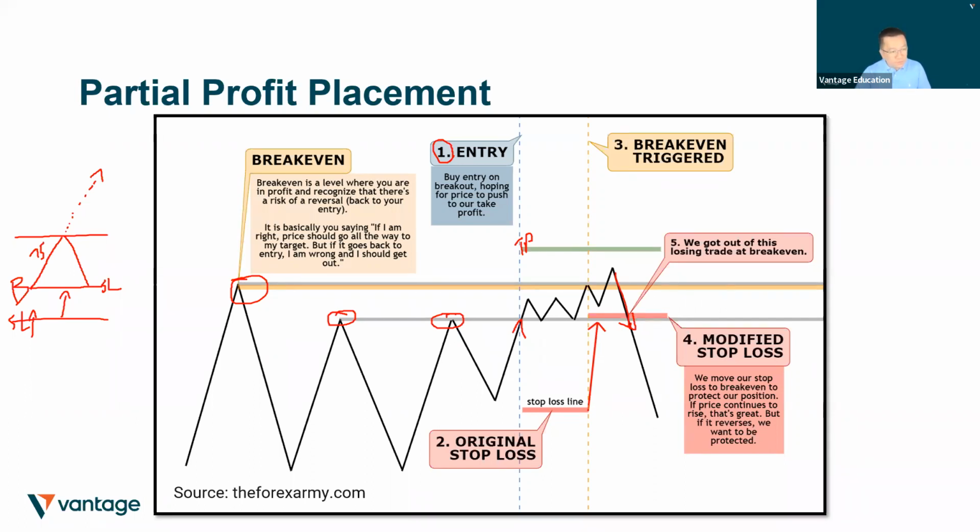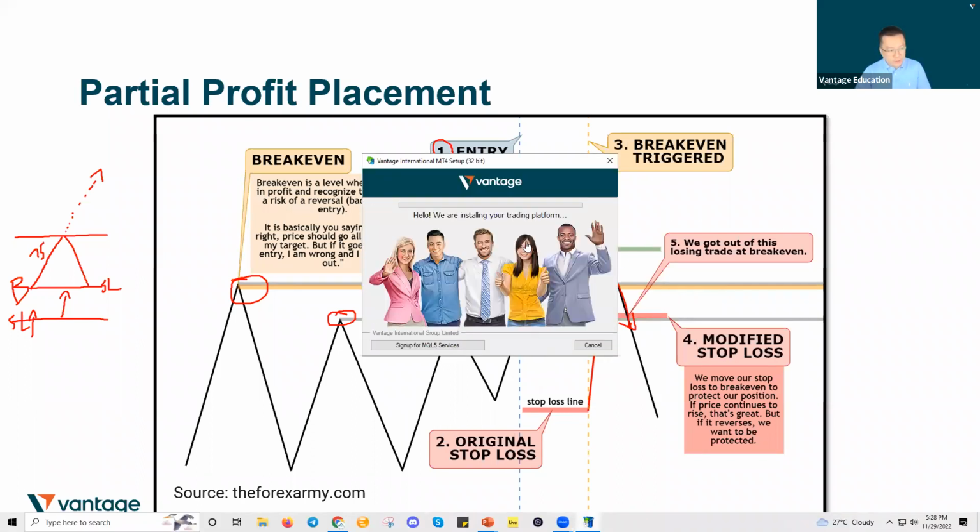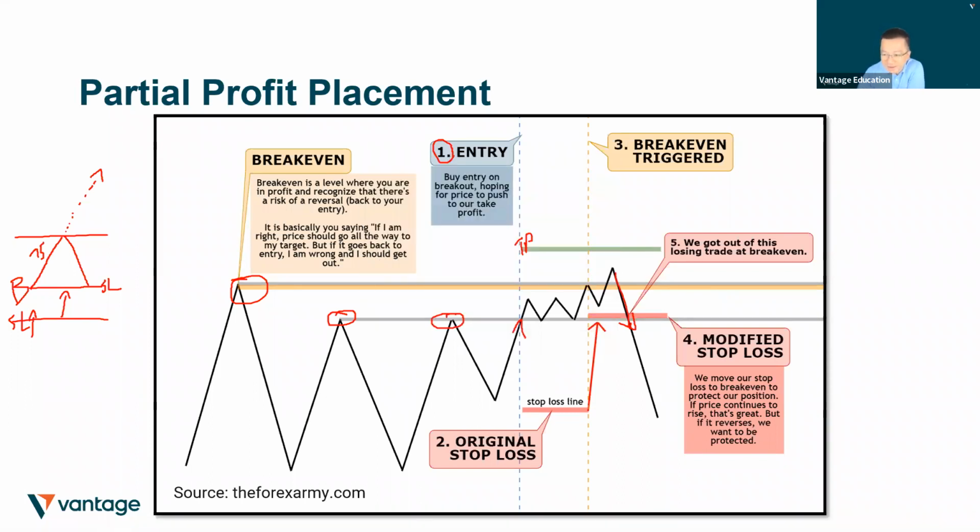Also, if I'm going to be entering a trade to do a partial profit, I have to make sure that I get into a trade that actually makes money so that we can do a partial profit. So just give me a second there. I'll show it to you on MT4. It's going to be quite similar because I just can't download all of it at the same time right now, but I'll show it to you on MT4 and then we can take it from there.